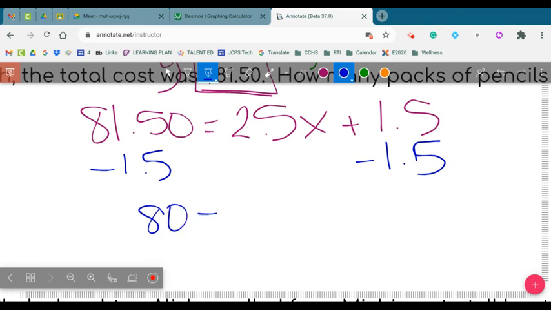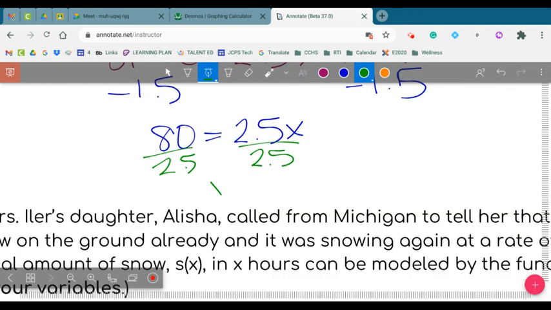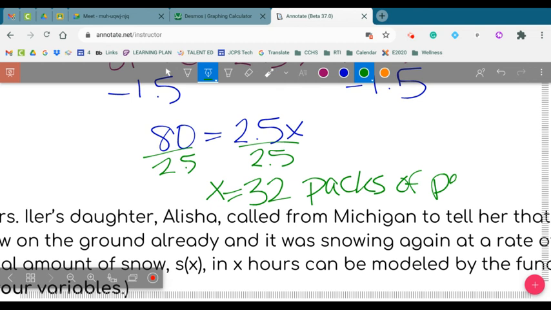We're going to get 80 equals 2.5x. Then our last step is to divide by 2.5 on both sides to get x by itself. 80 divided by 2.5 would give you 32. So how many packs of pencils? 32 packs of pencils.